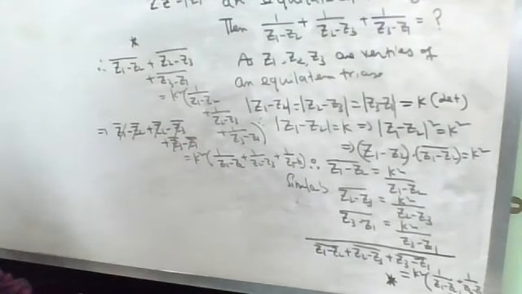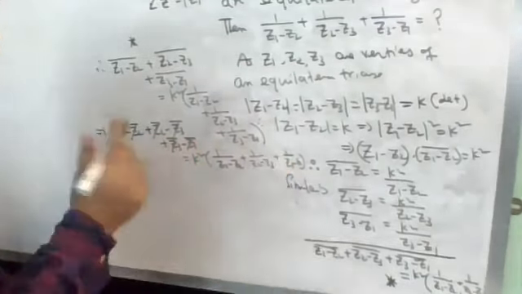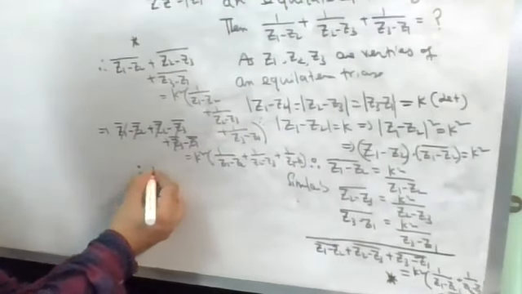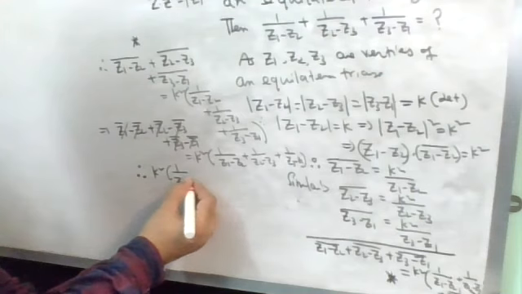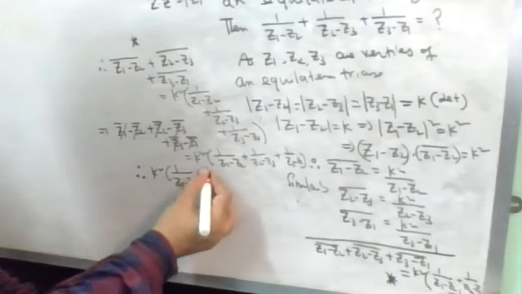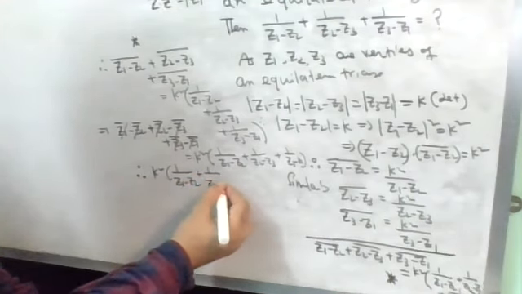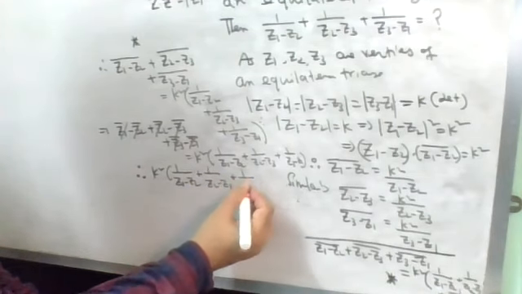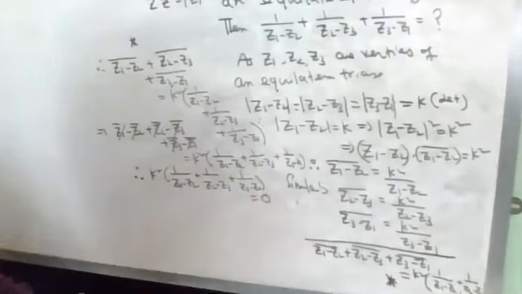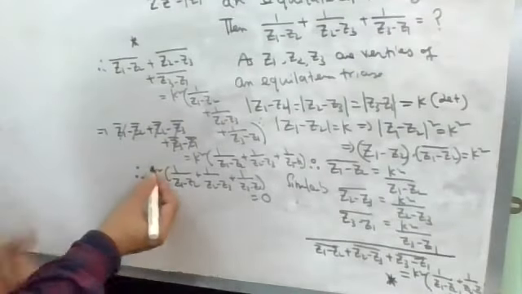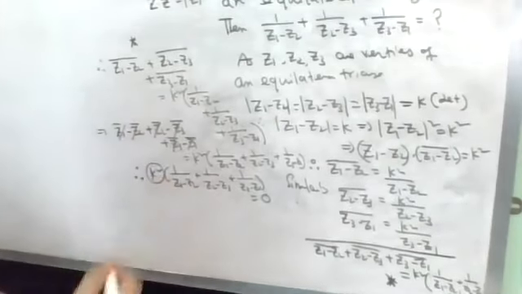That will give us what? This whole thing is equal to 0. Therefore, k square into 1 by Z1 minus Z2 plus 1 by Z2 minus Z3 plus 1 by Z3 minus Z1 is equal to 0. Now, k square cannot be 0. Why?